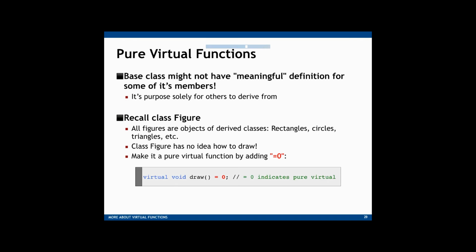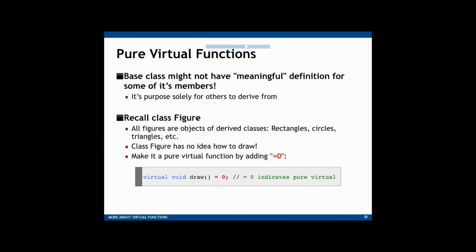Let's talk about pure virtual functions. What are pure virtual functions? Sometimes it is not possible or meaningful to provide the implementation of core functions in a base class. For example, recall the figure example in the previous sessions.